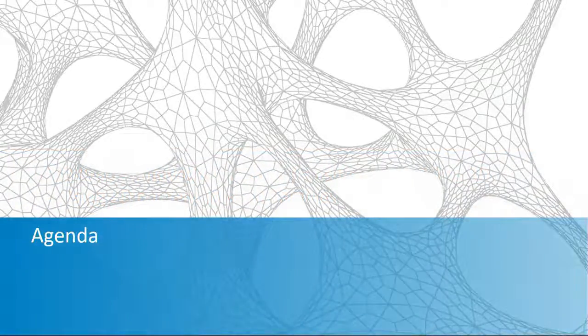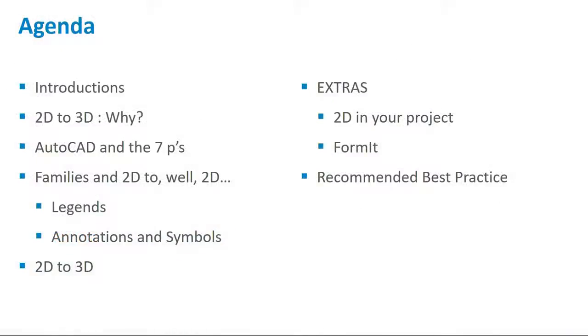Okay, so what I want to do is look at the agenda, what we're going to go through this afternoon. A little bit of an introduction, then 2D to 3D, why? AutoCAD, and the 7 Ps that'll become apparent once we start talking about that.